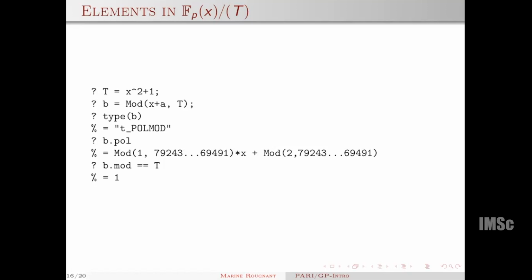Here it's 1x plus 2. So your polynomial is x plus 2. And you can ask for the modulus polynomial with b.mod. It's a polynomial mod. So here, polymod means a polynomial mod a polynomial. Okay?